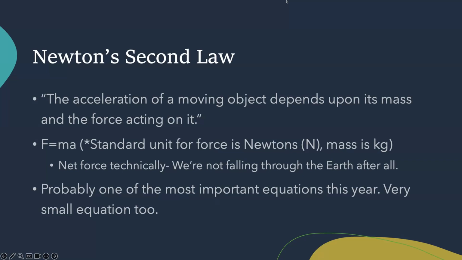So we're going to divide 20 by 5, and we get that the acceleration is 4 meters per second squared. From there, you have an 8-kilogram box, so you multiply 8 by 4, and you get that the final force you're going to need is 32 newtons.